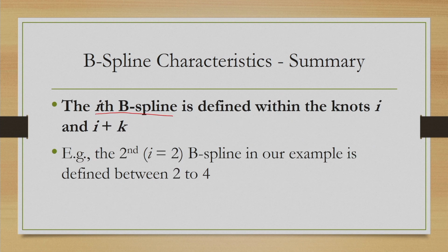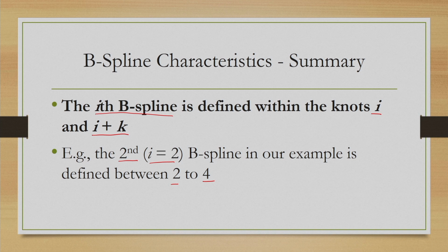The ith B spline is defined within the knots i and i plus k. For example, the second B spline, that means i equals 2, is defined between 2 and 2 plus 2, or 4, because k is 2.